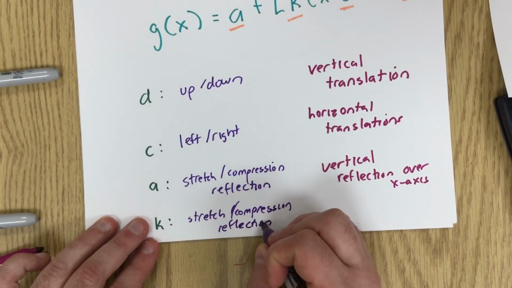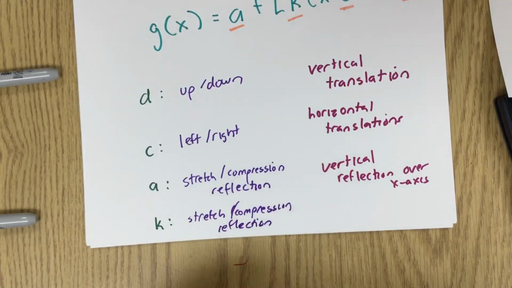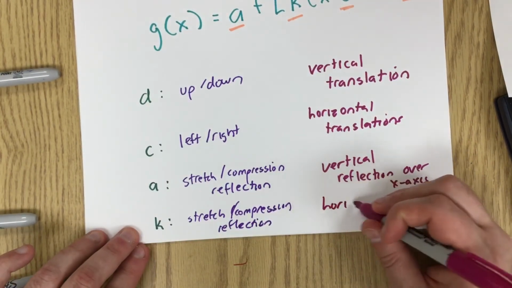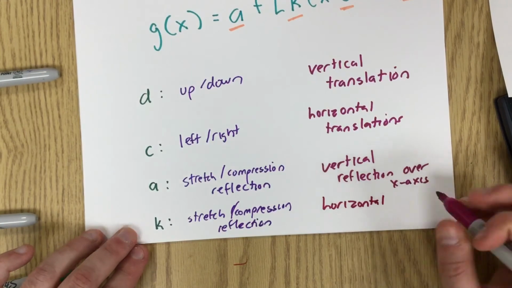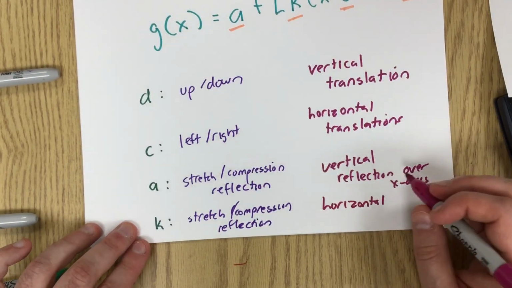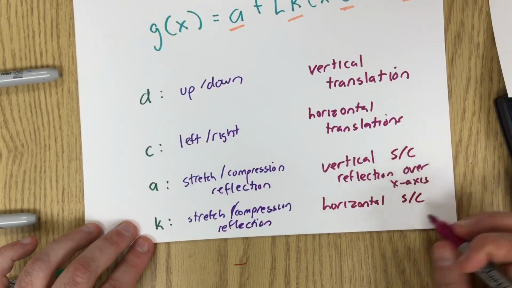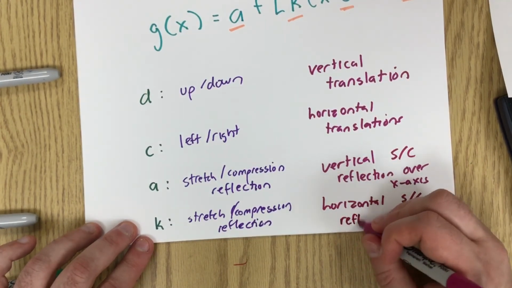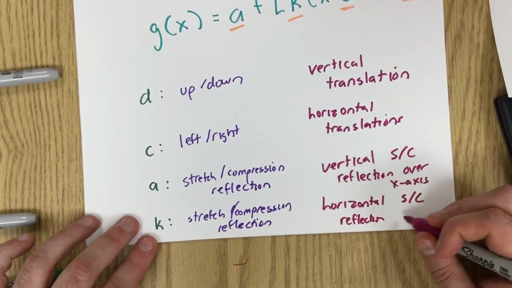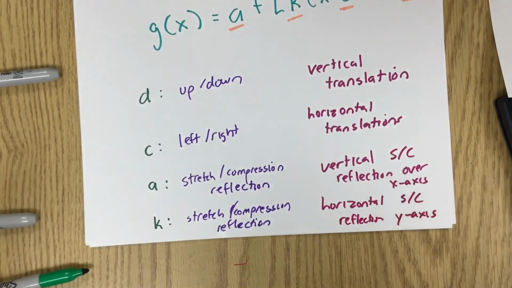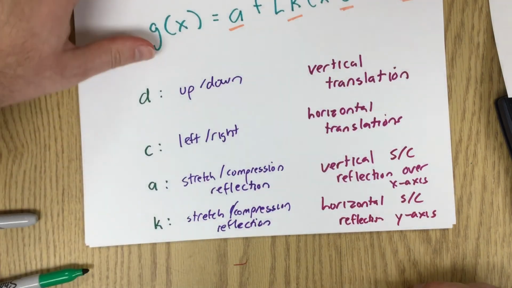So kind of the same as the A, except instead of being vertical, it's going to be horizontal. So this one is a vertical stretch or compression. These are horizontal stretch or compressions, and if it's a reflection, it's going to be a reflection over the y-axis. So that's essentially a summary of the different transformations that we're going to do.